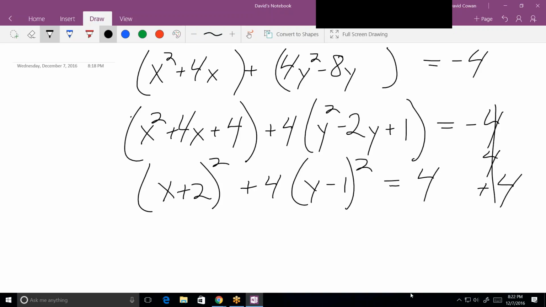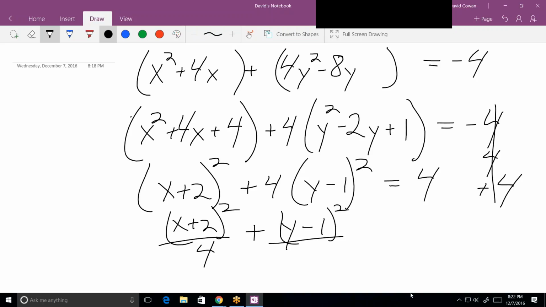Now divide by 4. So now I got x plus 2 squared divided by 4 plus y minus 1 squared, not divided, I'll put 1 under there, equals 1. Now, since this is an ellipse, is it horizontal or vertical?